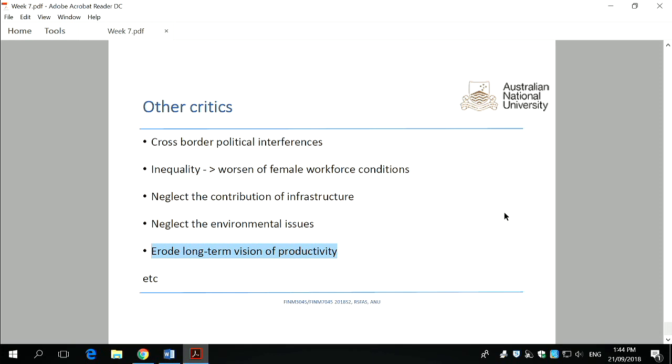How does neoliberalism apply to China, and how do we understand where China is and what the major challenges are in the context of Hayek and neoliberalism? Okay. Any questions?